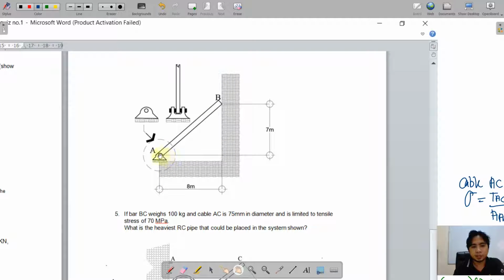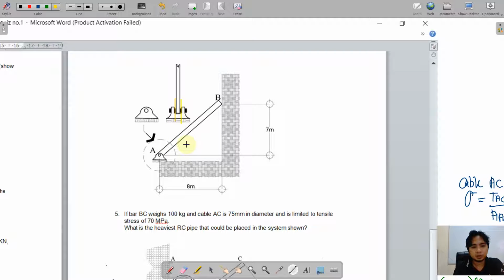At the same time, it is supported by a pin connection at A. And remember that at A, practically there will be a double shear here. Why double shear? Because there will be a double cut action if this rod is being moved.